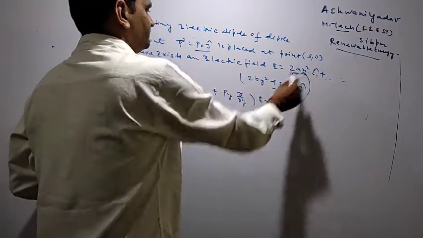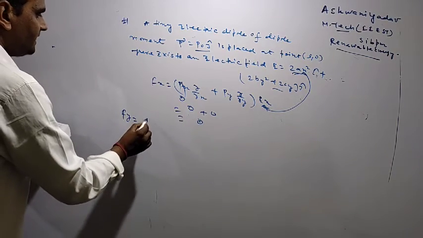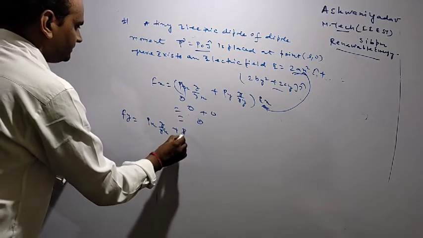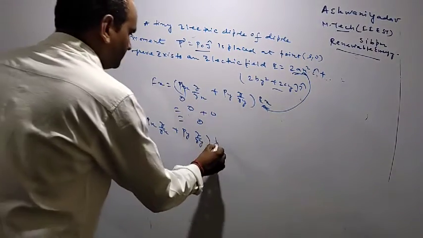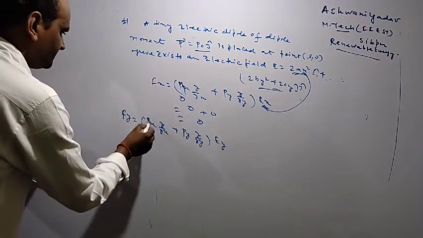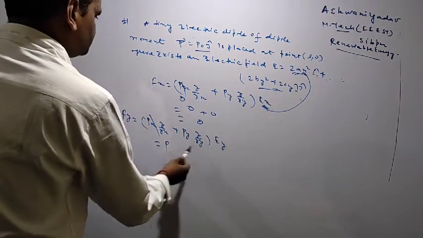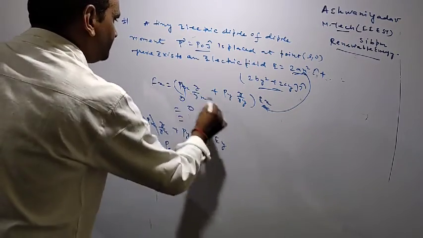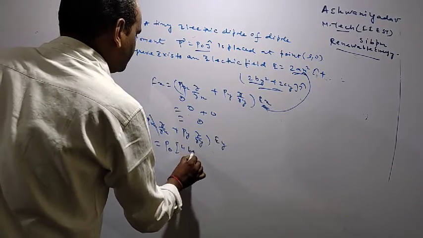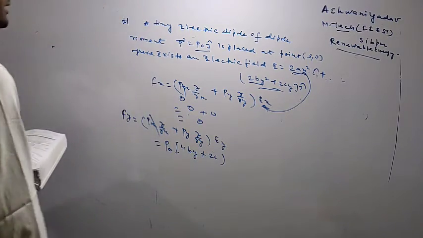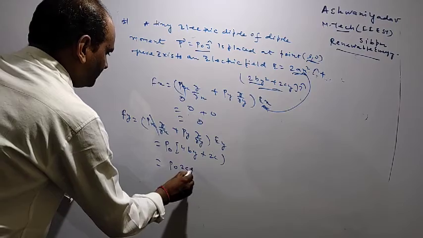Because you see this is an x square function, so if you differentiate with respect to y, 0 will come. Okay, now Fy is again (px del by del x plus py del by del y) Ey, and the first terms again vanish because they are 0. So we have p del by del z of Ez, and differentiating with respect to y you will find 4by plus 2c. Look at this point (L, 0), so y is 0, so we are left with p 2c in the z direction.